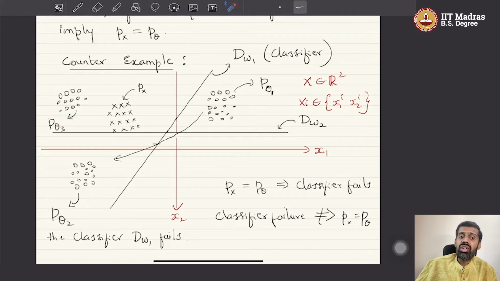Now one might get this question that the generated data, or p theta, this cluster, can keep alternating between multiple points. There can be a classifier that would fail for one particular configuration of p theta, and then to make sure that classifier does not fail, you move your p theta to a different location, and the classifier gets altered relative to the previous location, and this can get stuck for eternity.